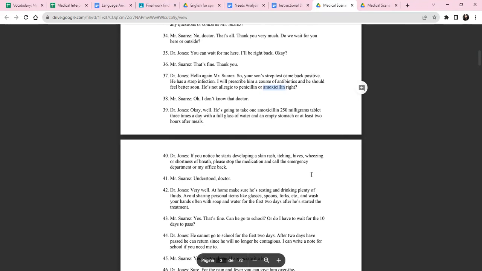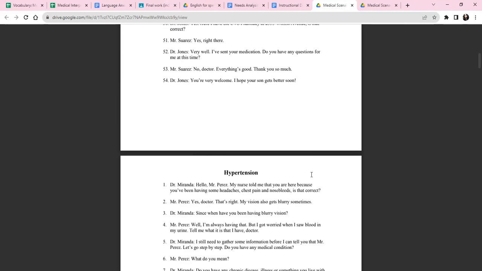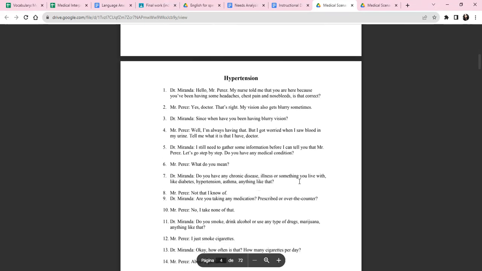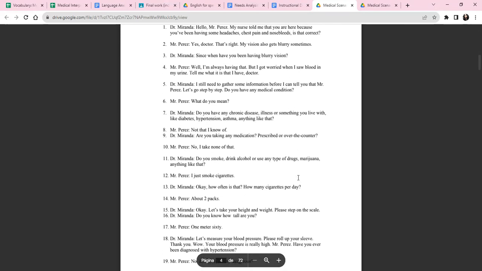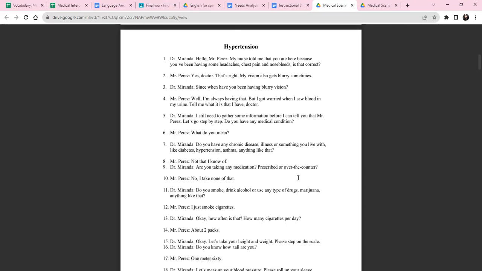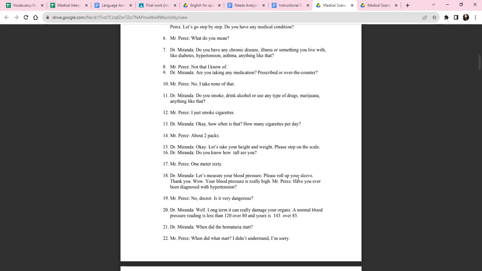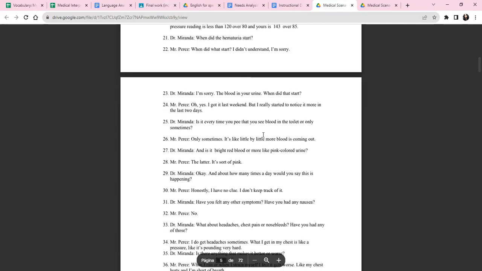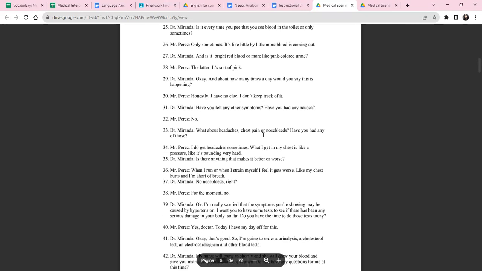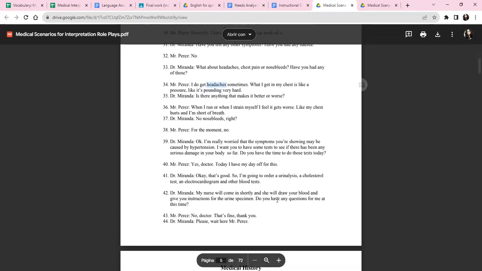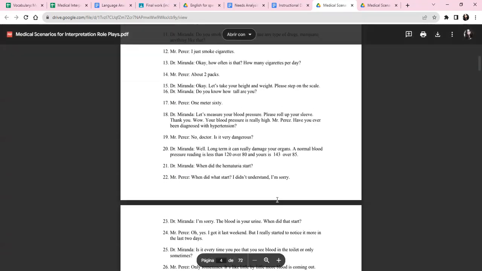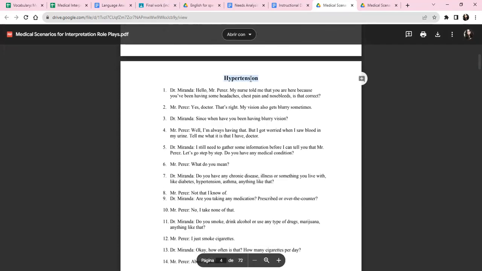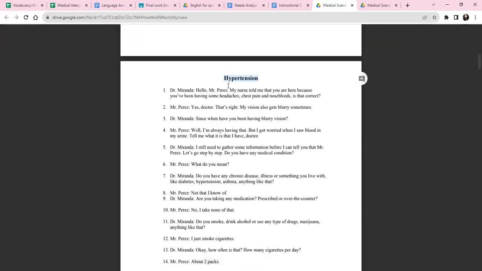This is truly important, and it is information that I gathered from different places because I wanted our students to have plenty of scenarios in which we could see vocabulary. I wanted it to be separated by themes.